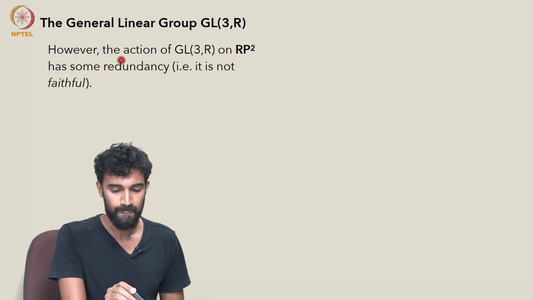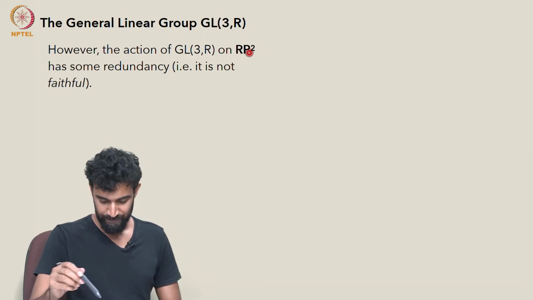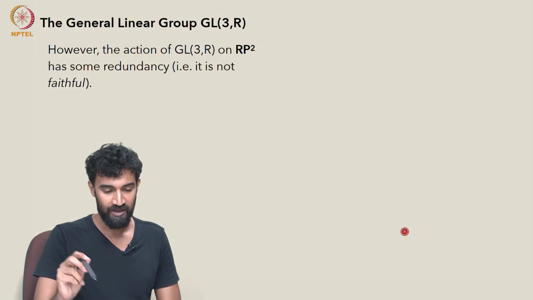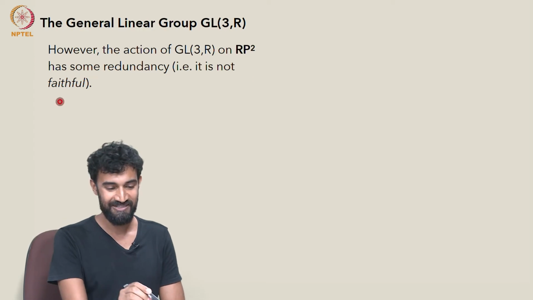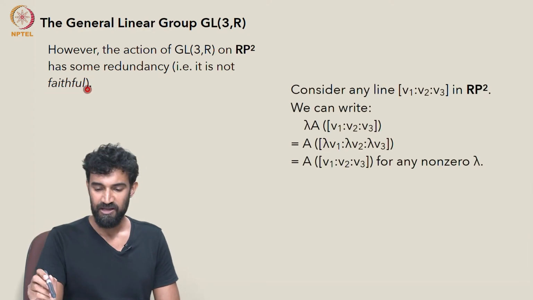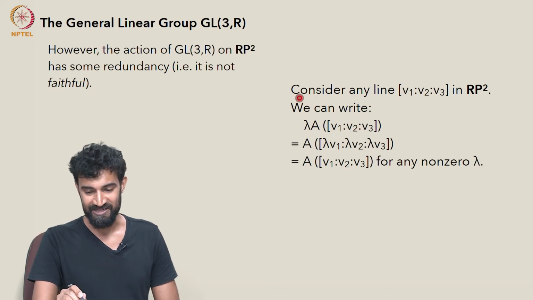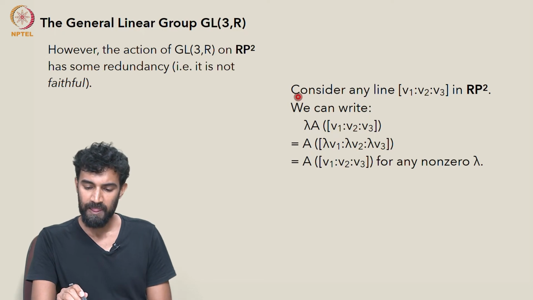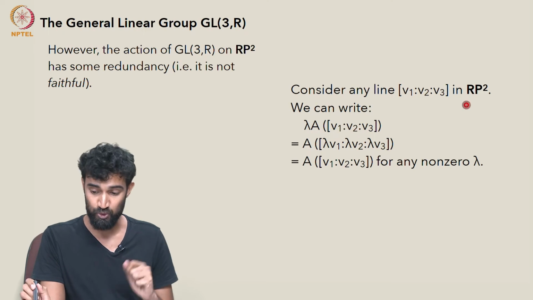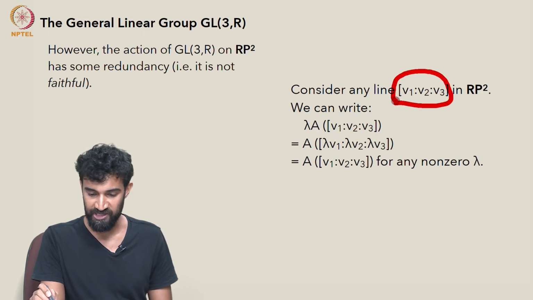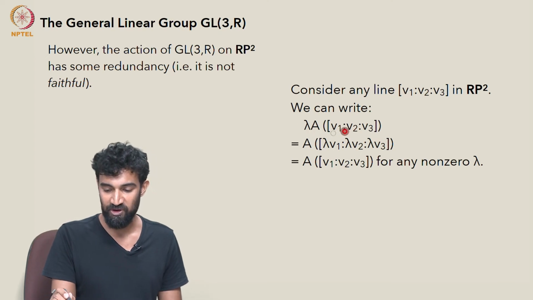So the action of GL3R on RP2 is well defined, but it does have some redundancy to it. It's not entirely faithful. That's a technical term, by the way, and we'll see what that means in a second. It means the following. Let's consider a line v1, v2, v3 in RP2. I'm writing it in homogeneous coordinates, and we can write lambda times A of v1, v2, v3.